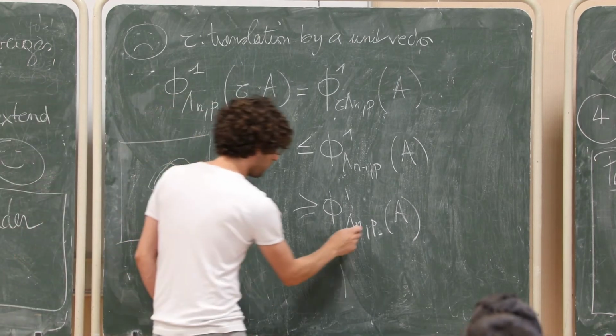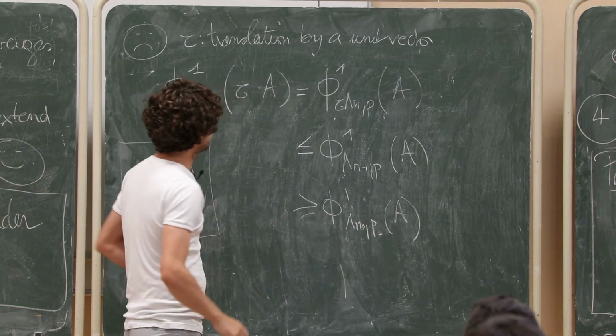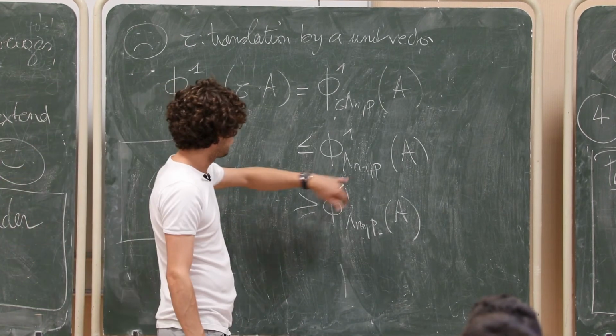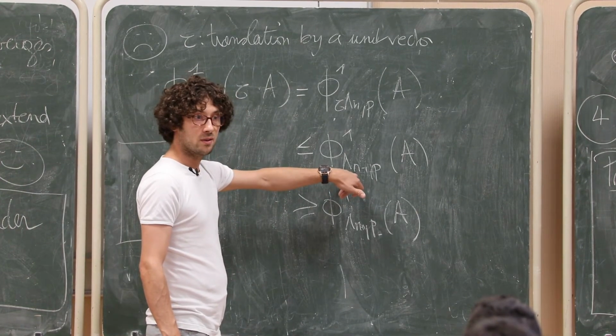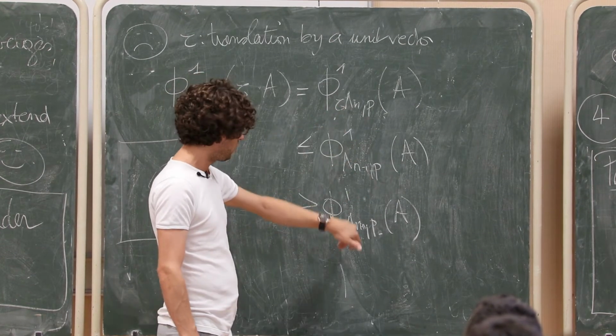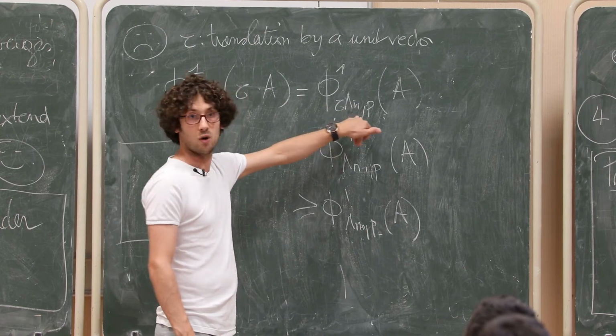Lambda n plus 1. Why? Because I should have done it for 0, but okay, that's actually a good example. Lambda n minus 1 is included in tau lambda n, and lambda n plus 1 contains tau lambda n.